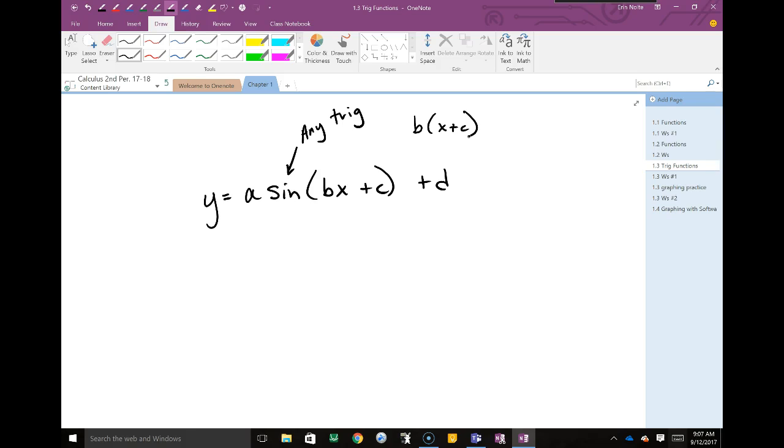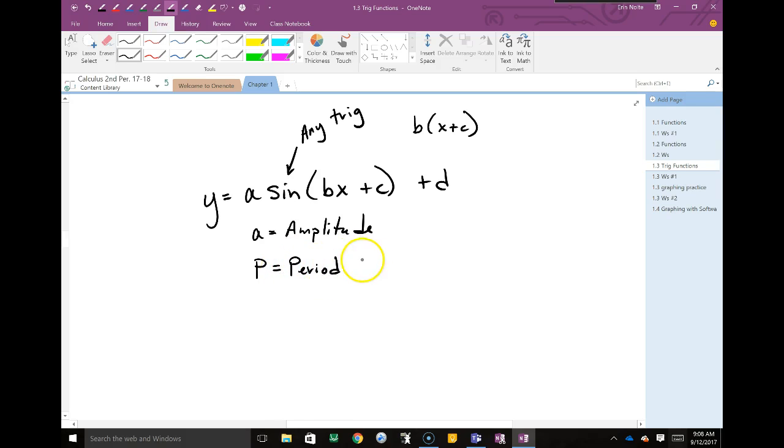Okay, what does your A value tell you? The amplitude. Okay, so that's your amplitude. And if you didn't know already, that's how high or how low the function goes. Unless you're talking about a John Travolta. Okay, we need to talk about the period. P is for period.